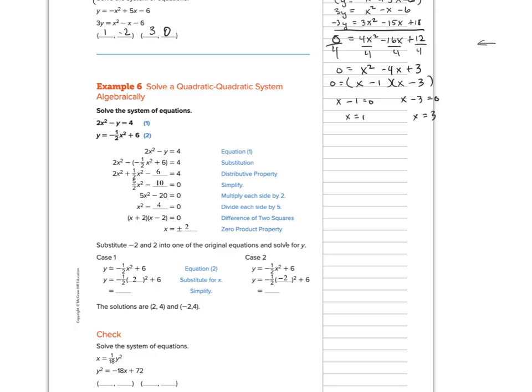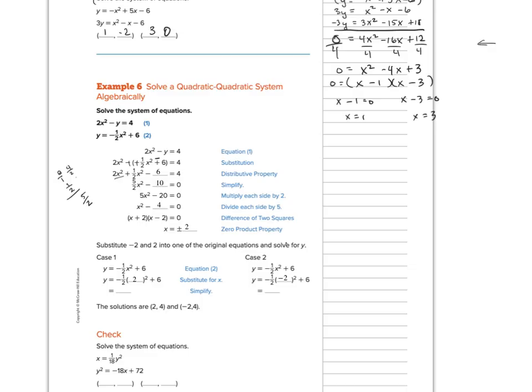They had to distribute the sign, and then they combined like terms, and this became 2 over 1 plus 1/2, which is the same thing as 5 over 2 x squared.